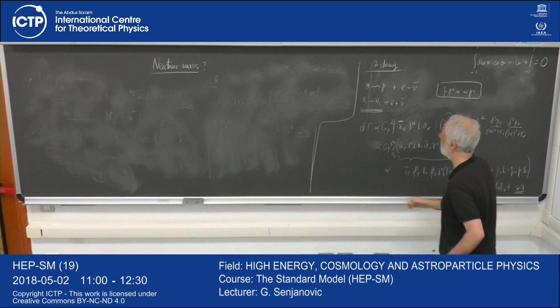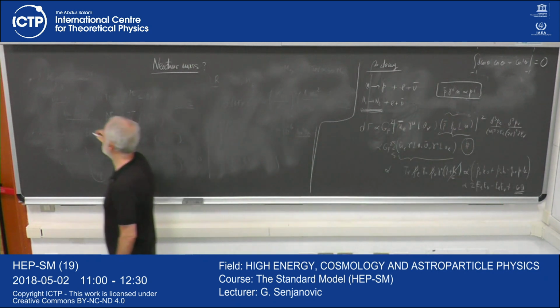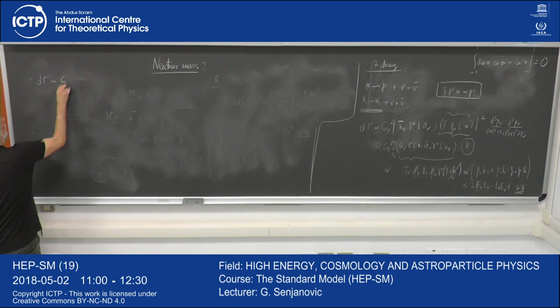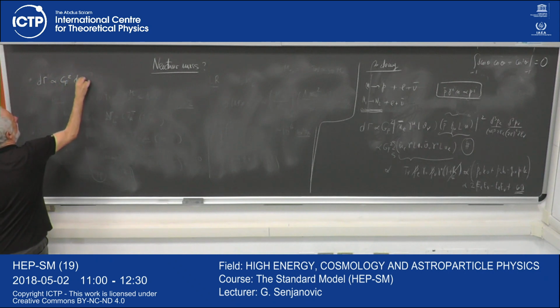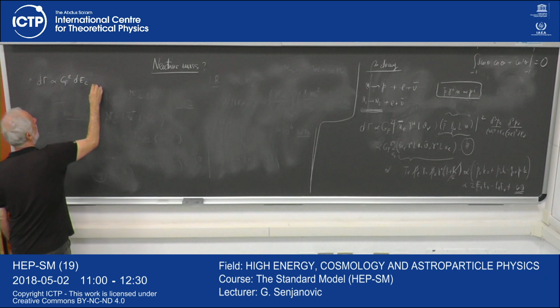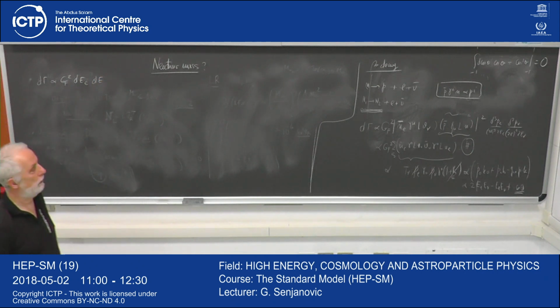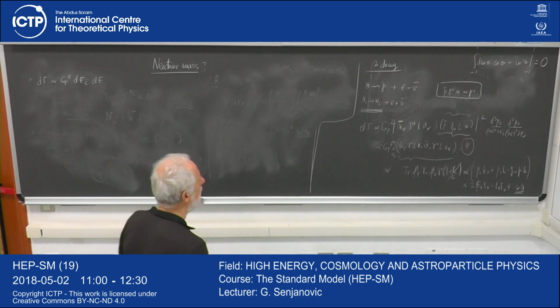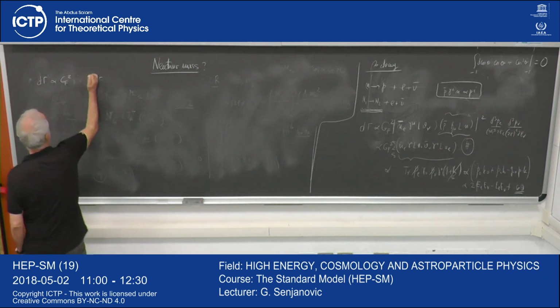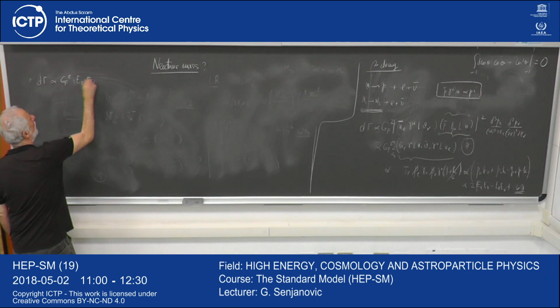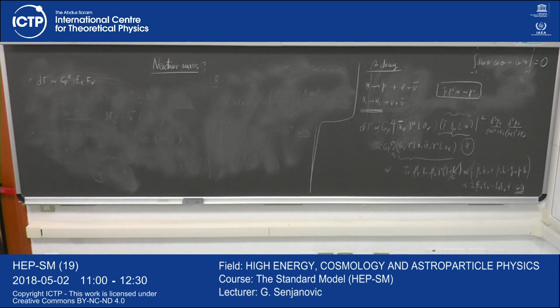So what we get here is that the gamma is proportional to G_F squared... no. Why did I write dE? Sorry. I got E nu. Okay.